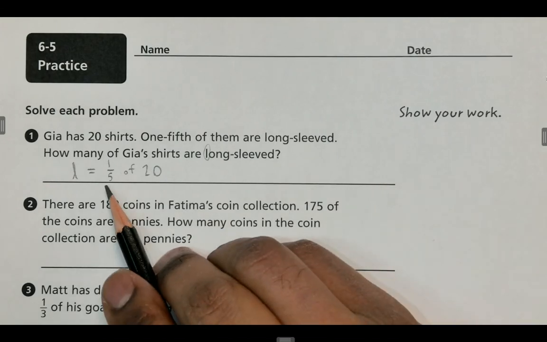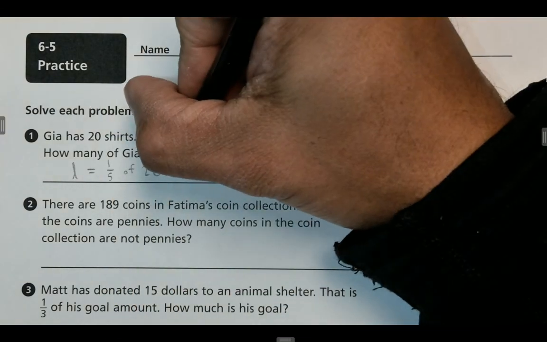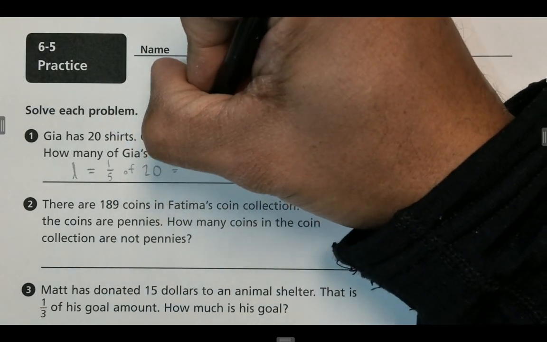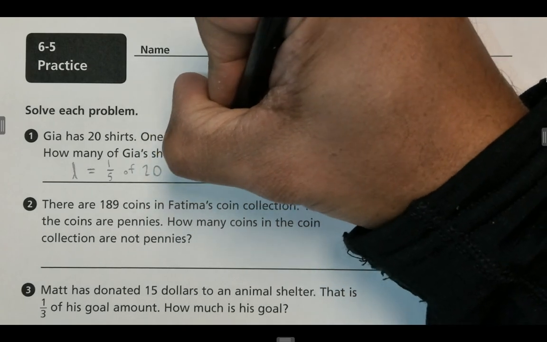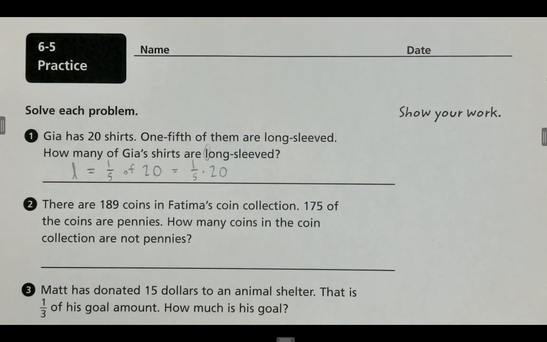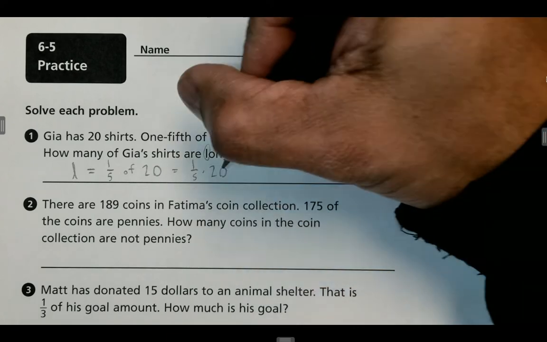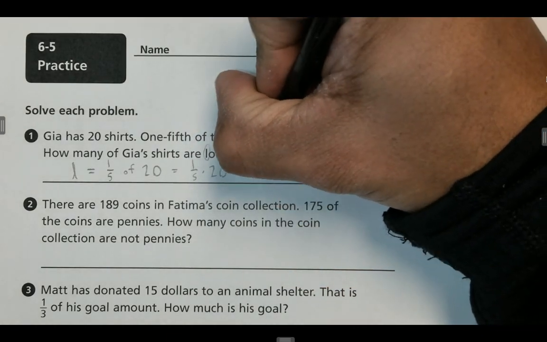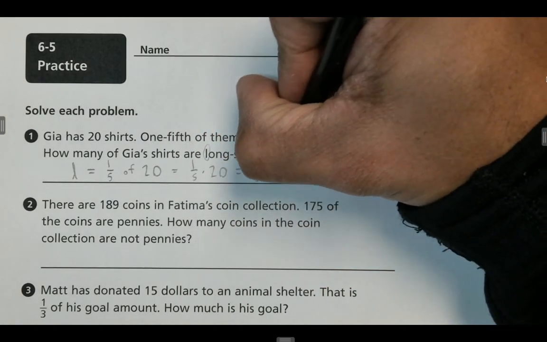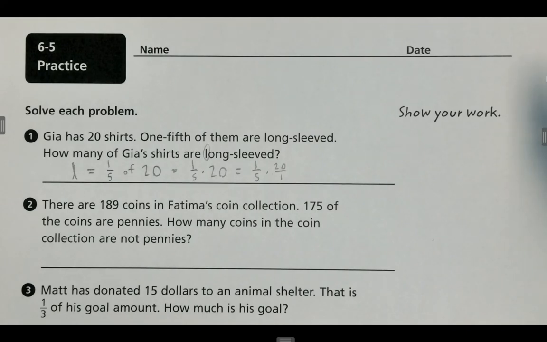And whenever you can show an expression like this, it means multiplication. Now, I can rewrite the whole number as itself over 1. Remember, when we're multiplying or dividing fractions, we do not need a common denominator.